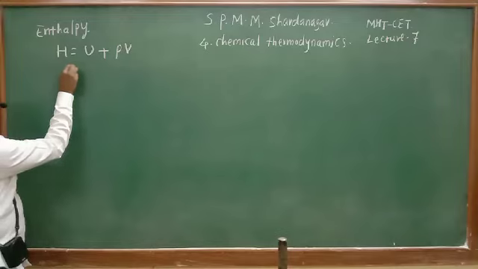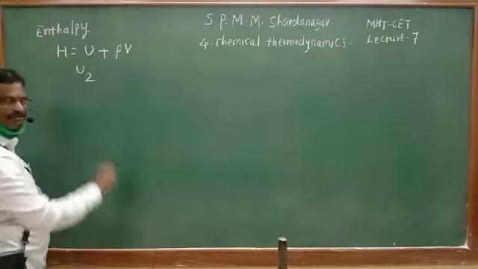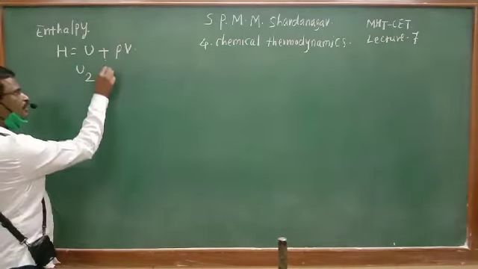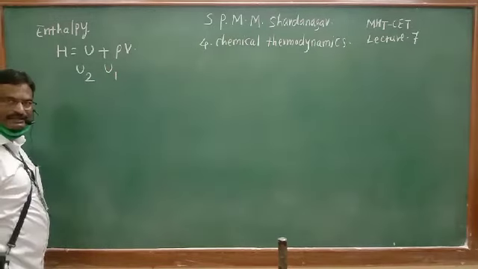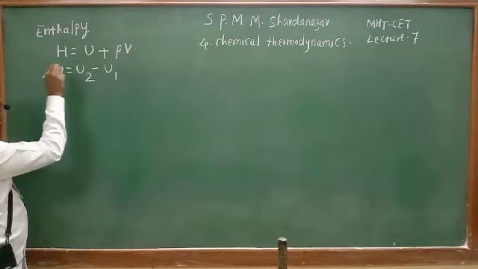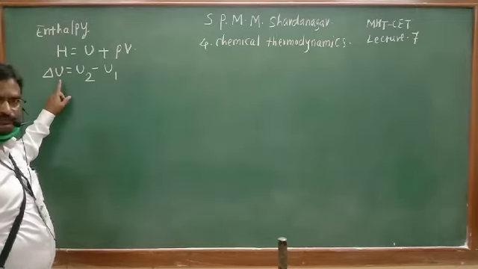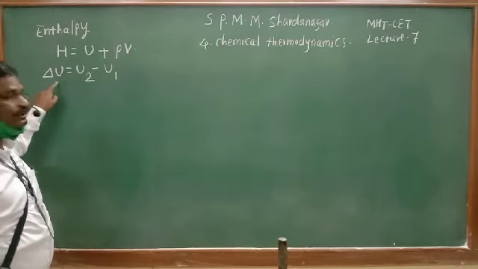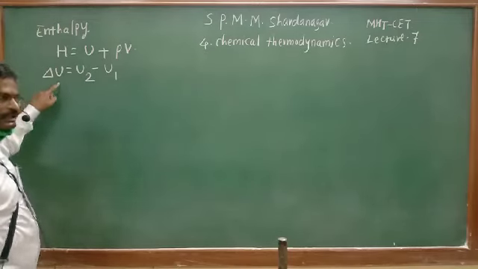Suppose U2 is internal energy in the final state of the system, U1 is internal energy in the initial state of the system. U2 minus U1 is known as delta U. That is the change in internal energy, which is a state function.